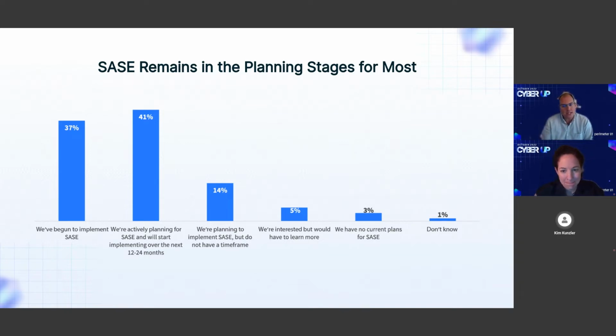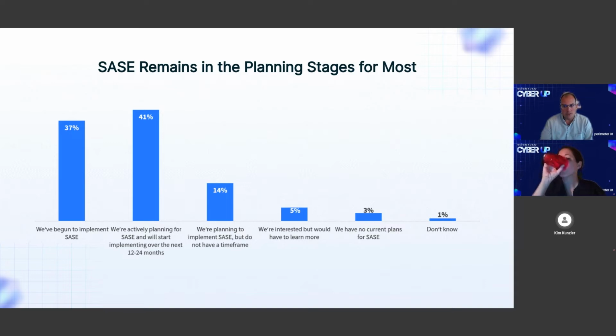If you net this out, what stands out to me is that only 3% have no current plans for SASE. So it's applicable to almost everyone. When the term was first introduced, it was very focused on distributed organizations from an office perspective. The pandemic turned that on its head.